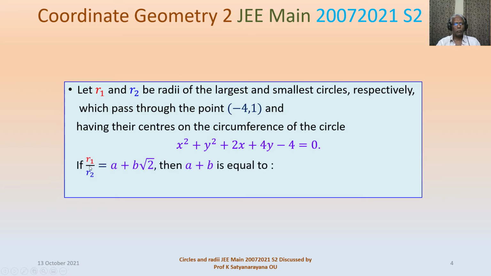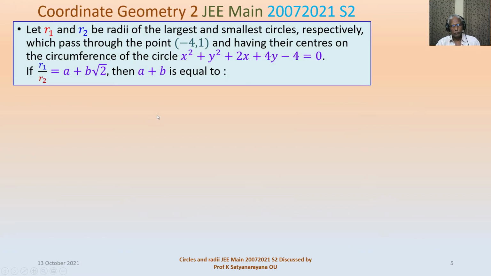If R1 by R2 is equal to a + b√2, then a + b is equal to, and four options are given to us. We now discuss the solution of this problem.